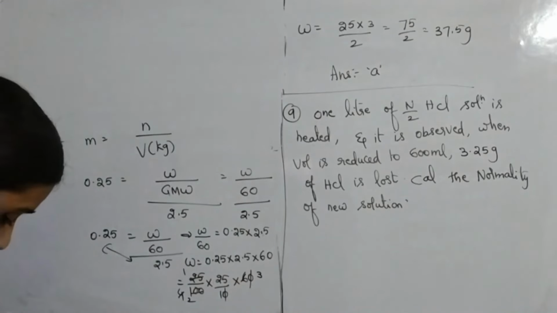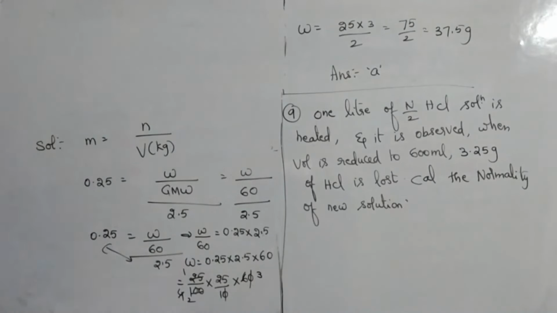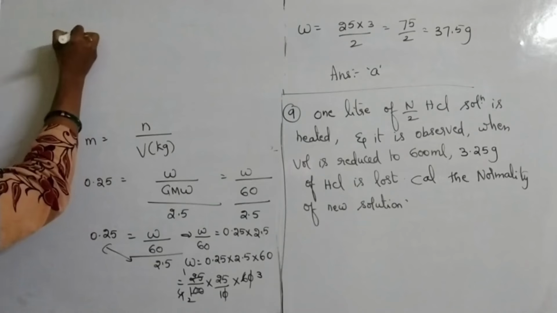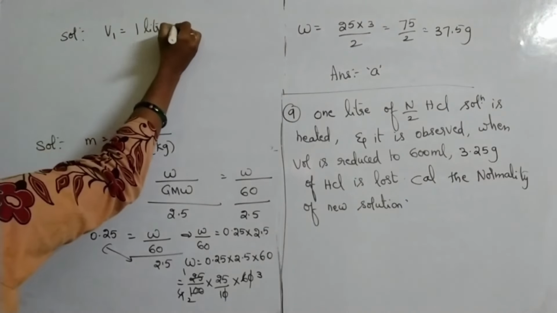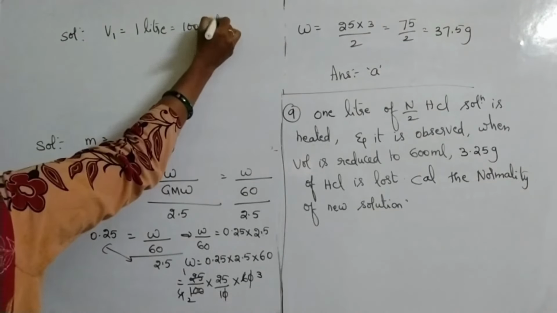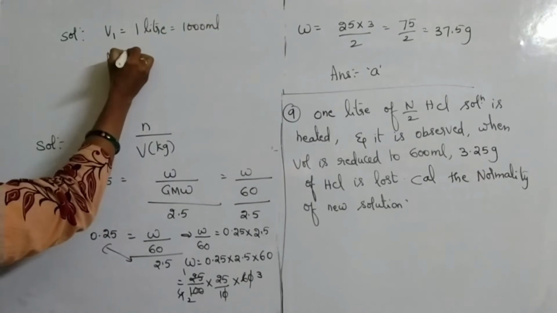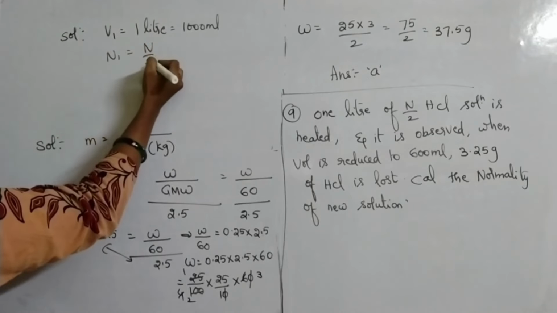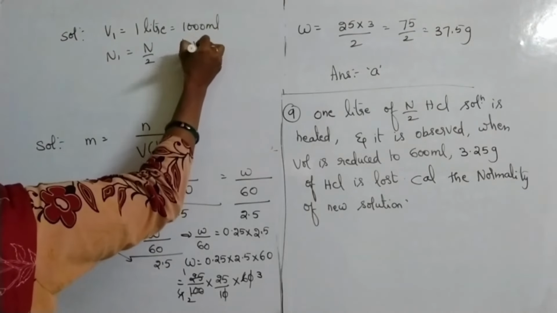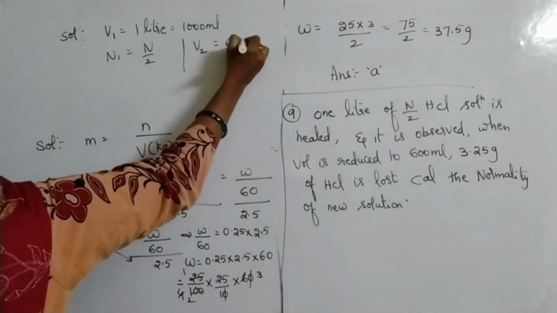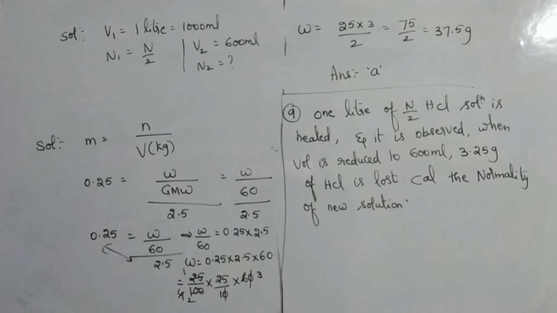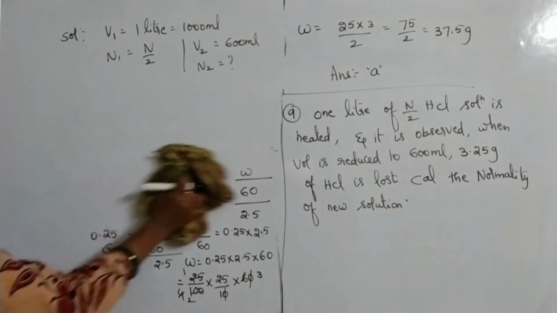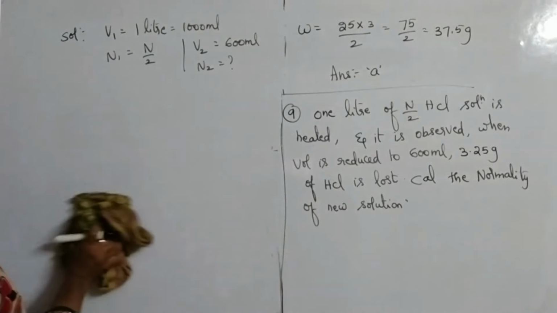N1 is N/2, V2 is 600 ml, and N2 is what we need to find. Normality is the number of gram equivalents by volume of solution in liters. That is the formula for normality.